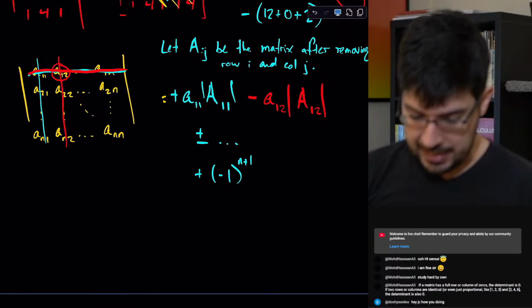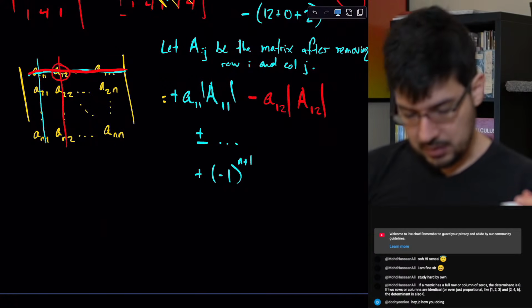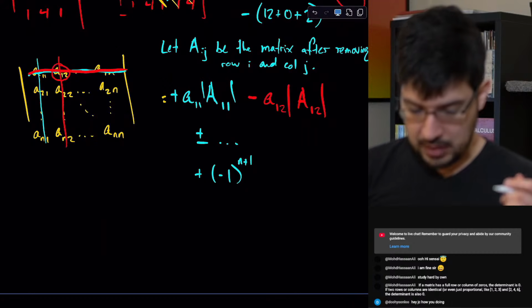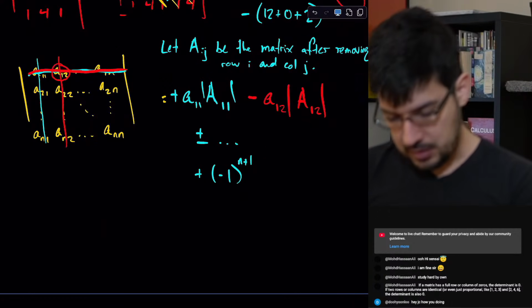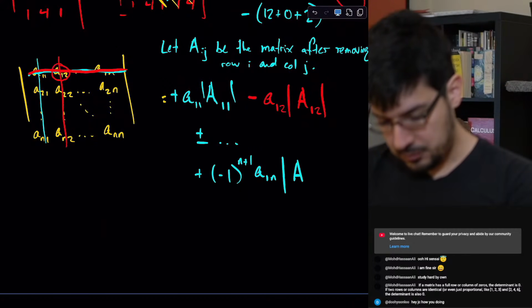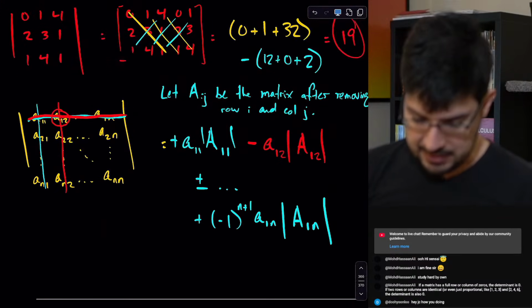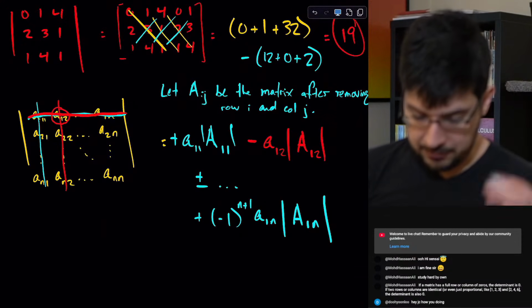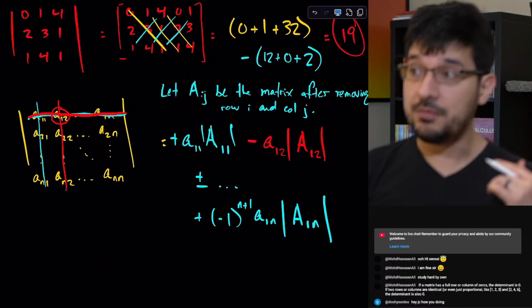So when n is even, the sign is negative. When n is odd, the sign is positive. Okay, so this is the definition of the determinant in terms of cofactors.